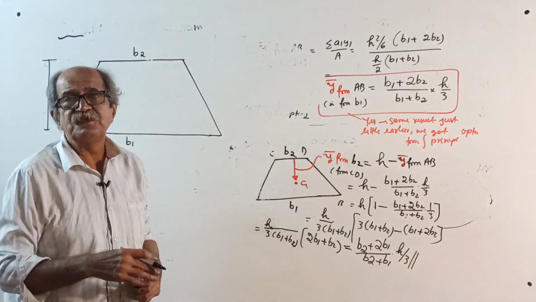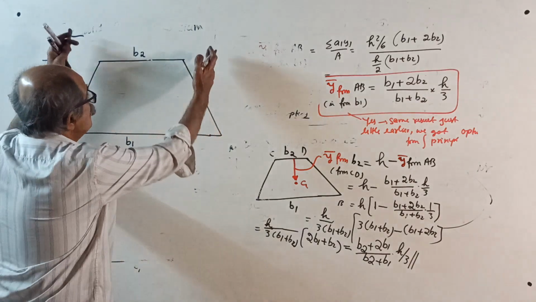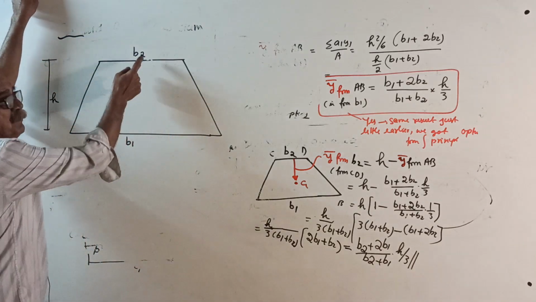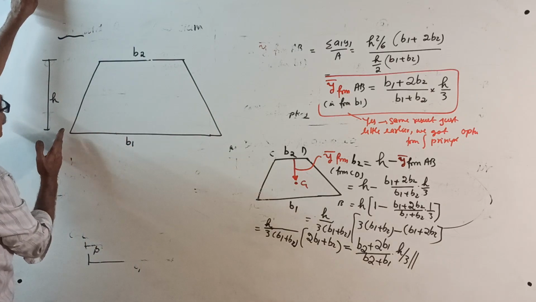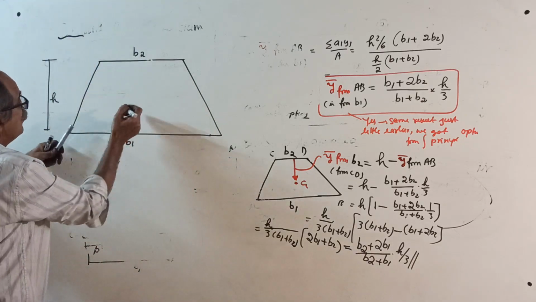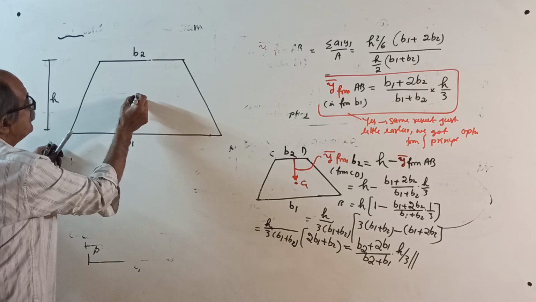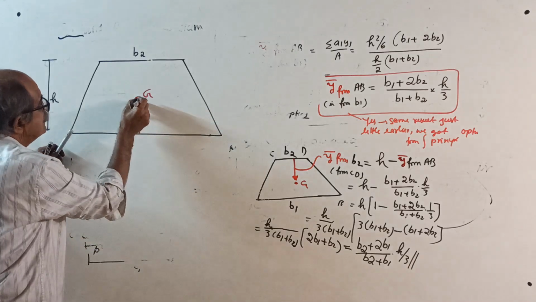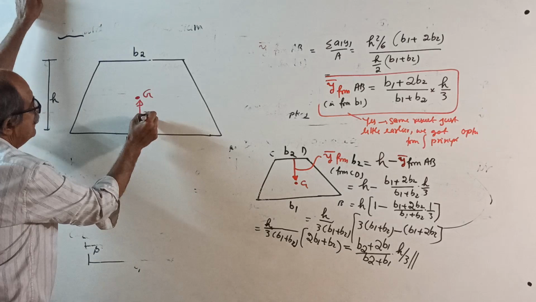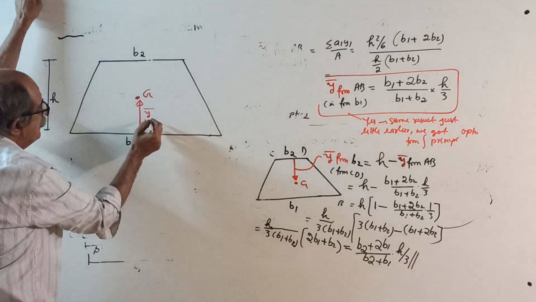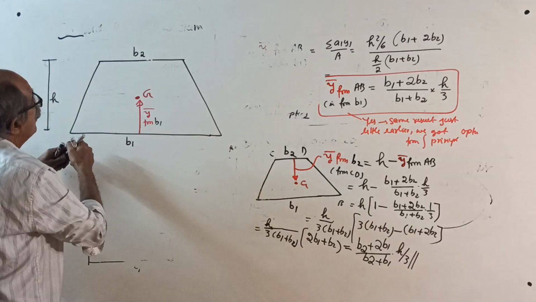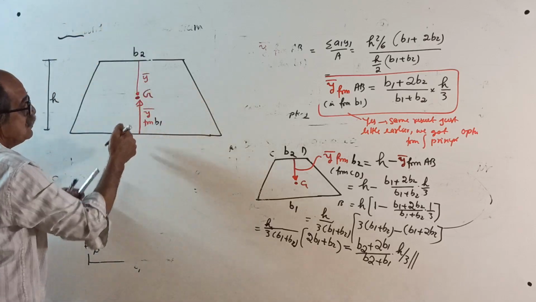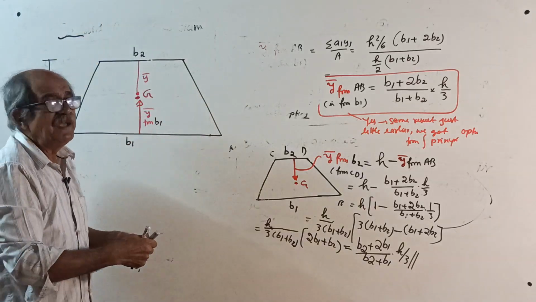This formula is not applicable where there is no parallel side. We are locating the centroid from one of the parallel sides, and measurement is along H. The centroid may be somewhere here. Which side is bigger, I don't know. If you want this distance, this is y bar. If you turn the sketch, it will become x bar.